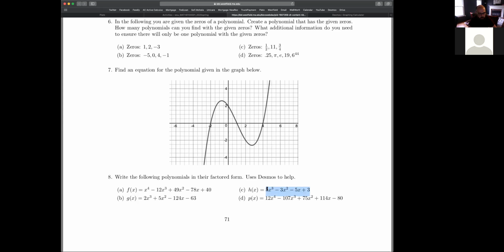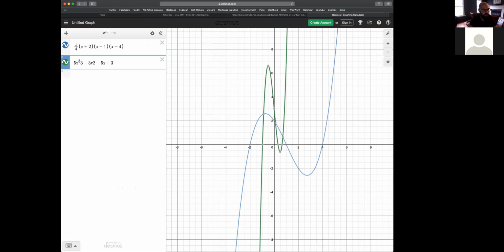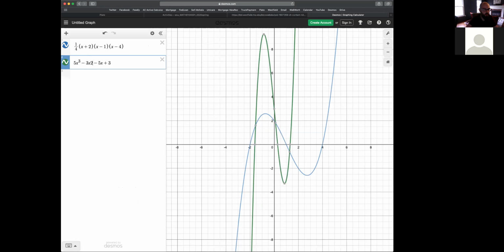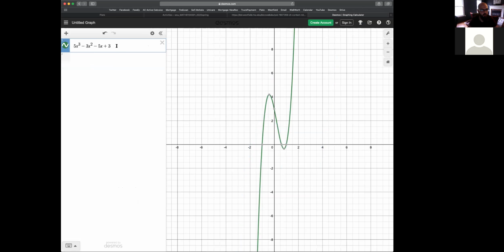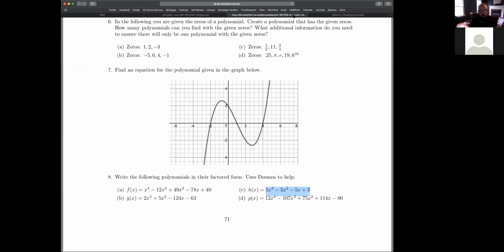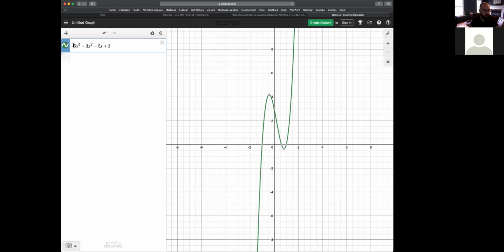Okay, so let's copy paste this. You had 5x cubed minus 3x squared minus 5x plus 3. This is part C, our h of x.